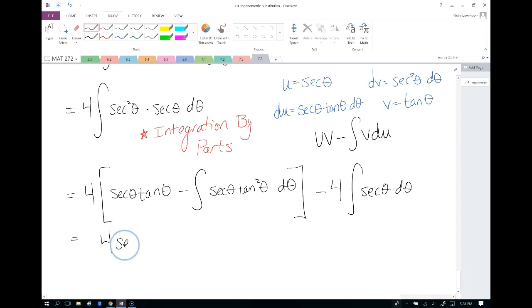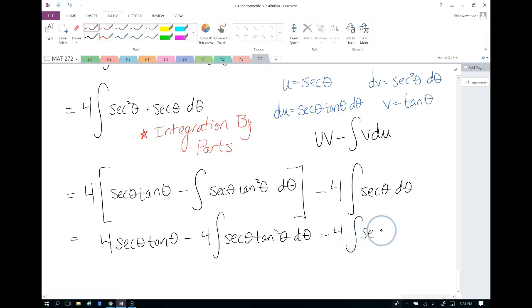So I've got 4 secant theta tangent theta minus 4 times the integral of secant theta tangent squared theta d theta minus 4 times the integral of secant theta.